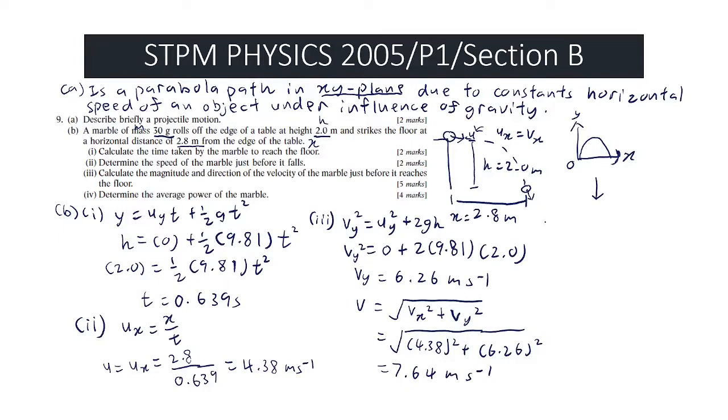And we also need the direction. So direction is given by delta equals arctangent of v_y per v_x. So we just substitute the values, 6.26 and this is 4.38.